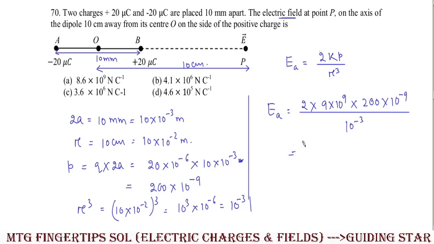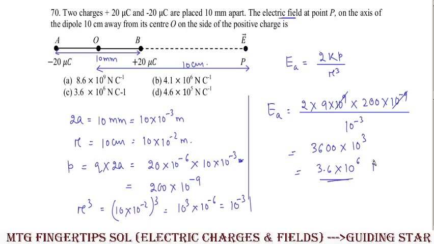Clear? So here 10 to the power 9 and 10 to the power minus 9 get cancelled out. So how much will we get? 18 into 200 is 3600, into 10 to the power 3, so 3600 means we can write it as 3.6 into 10 to the power 6.